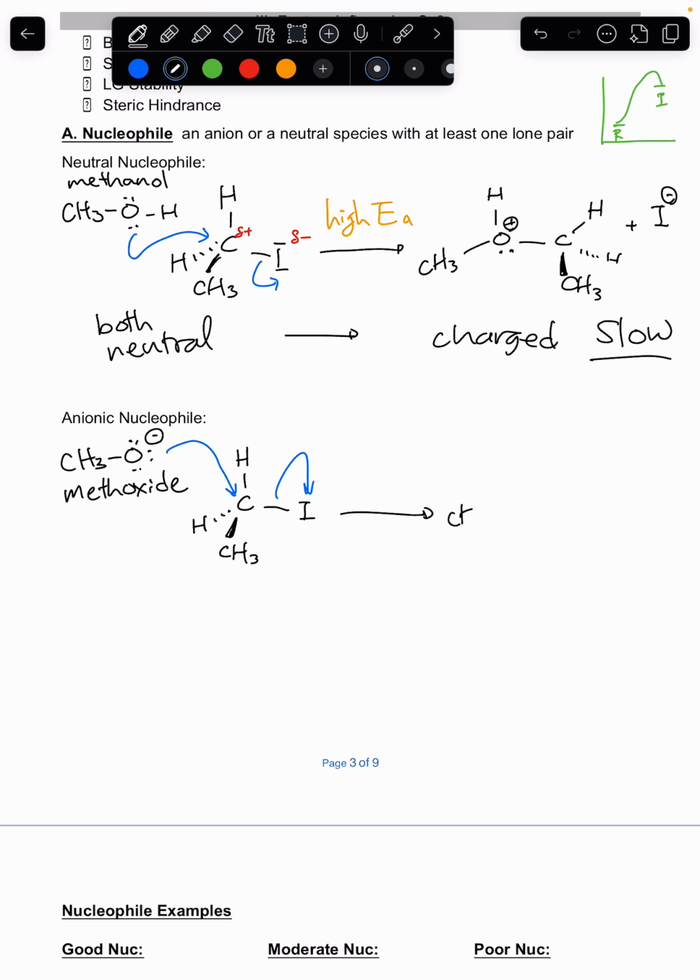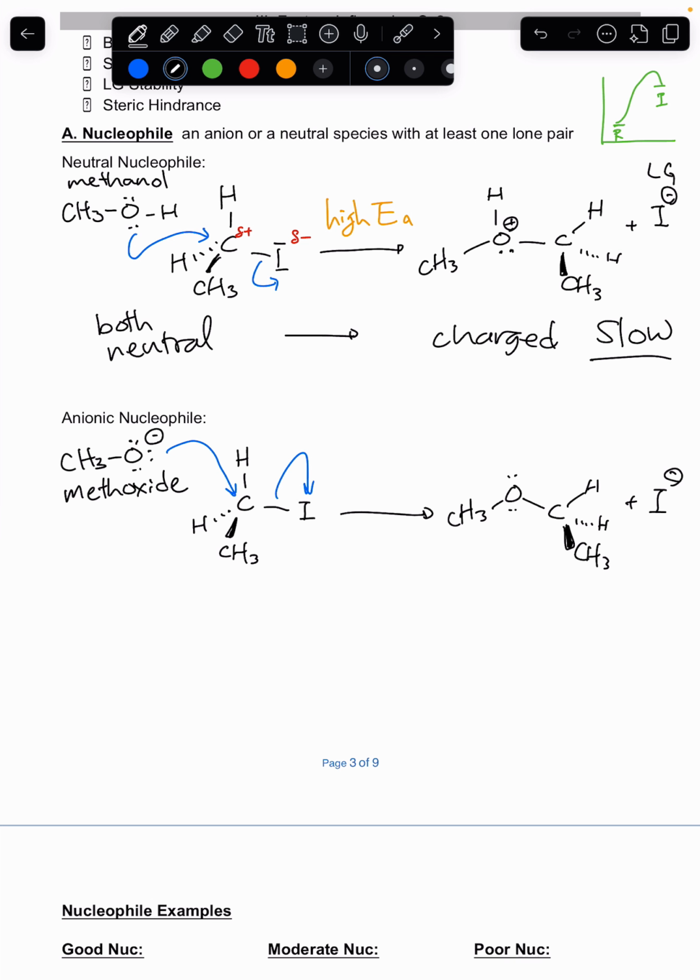And the end result would look like that, and of course there's the iodide leaving group.